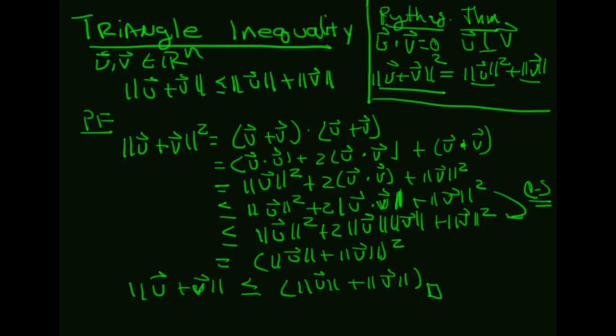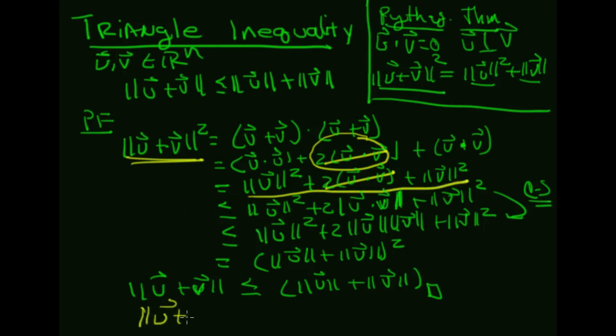Okay, so here's the argument. Let's take a look at the triangle inequality proof. We're still starting at this point. We go to here, but you'll note right there is a 2 u dot v. That gets pulled out, which leaves me here, which says that the magnitude of u plus v squared is equal to, because this is all equality so far, the magnitude of u squared plus the magnitude of v squared.